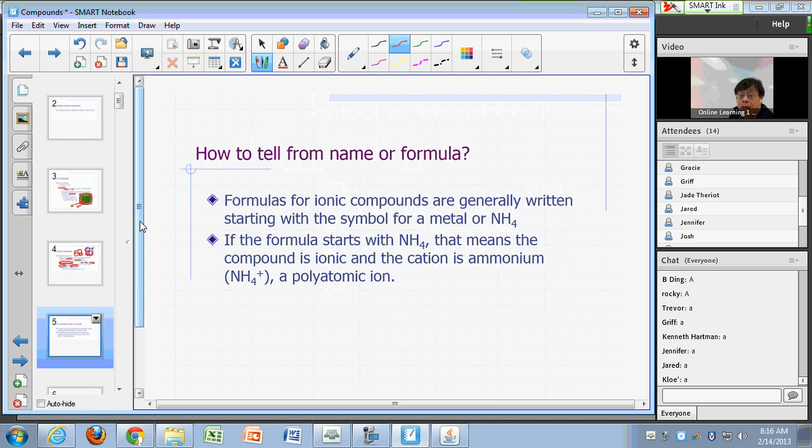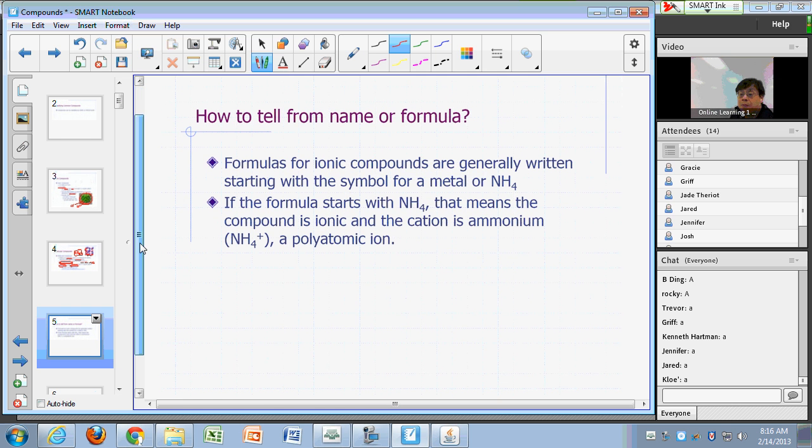So how can we tell from the name or formula of a compound that we're dealing with an ionic compound or a molecular compound? It's easy to tell. For an ionic compound, the first symbol that you'll see in the formula is that of a metal, or you see an NH4.